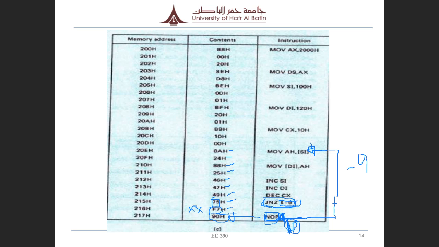If you calculate from NOP, how many memory locations do you have to go back? It's not necessary that only one instruction is there, but right now, for example, only one instruction is here in these cases. So NOP is the instruction.